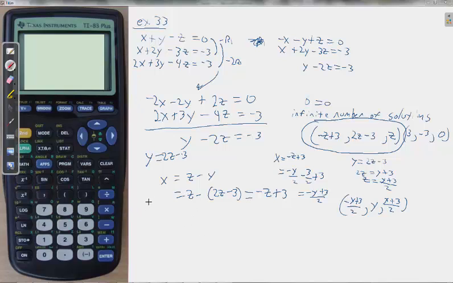And if x were arbitrary, honestly, you can just use the other expressions at that point then. So x equals negative z plus 3, so z would equal negative x plus 3.